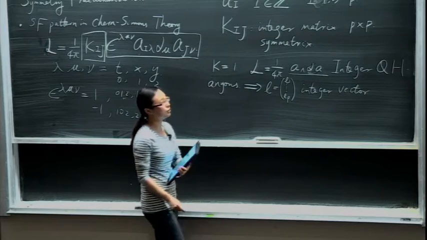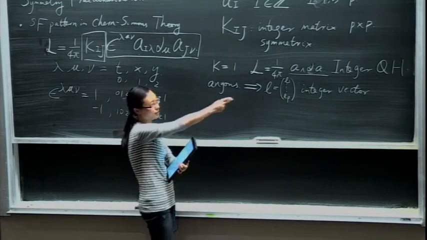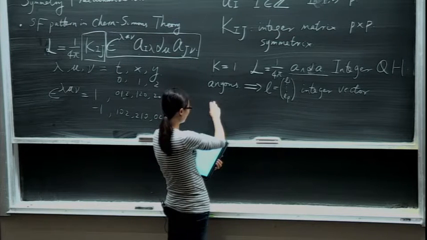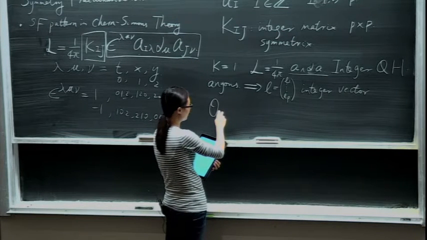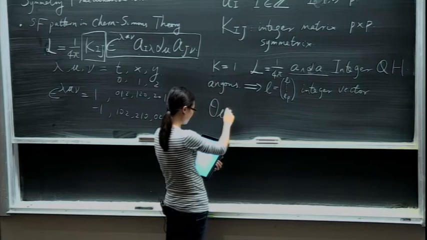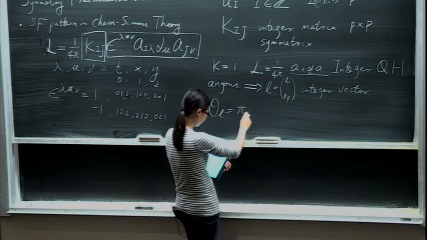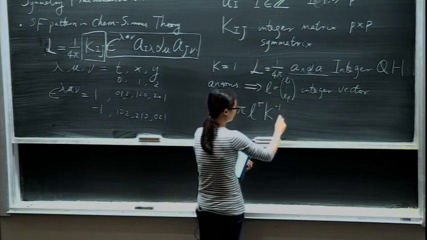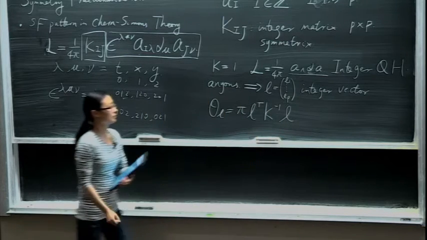And if we want to know the statistics of these integer vector labeled anyons, what we can do is simply calculate them as theta L equal to pi L transpose K inverse L.